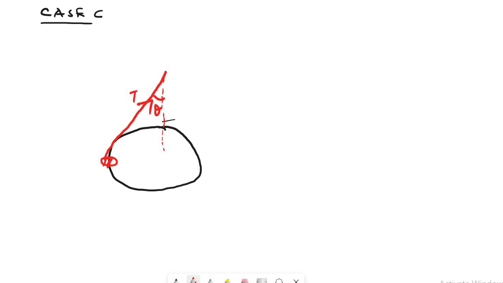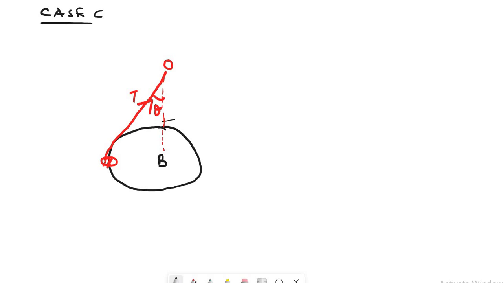So there is tension, something like this. Now, this is the center, O, and this is where your hand is, the hand of the person whirling it. Now in this case, this is the center of the circle.